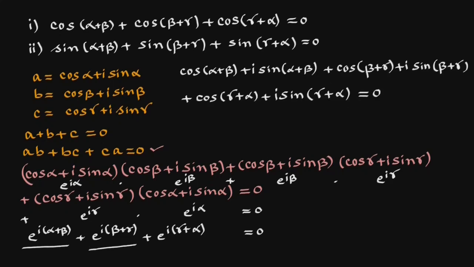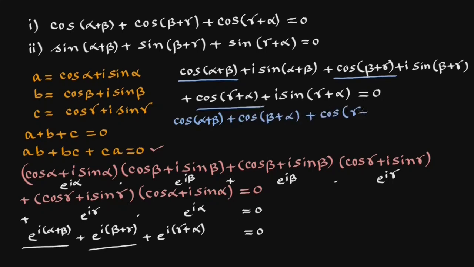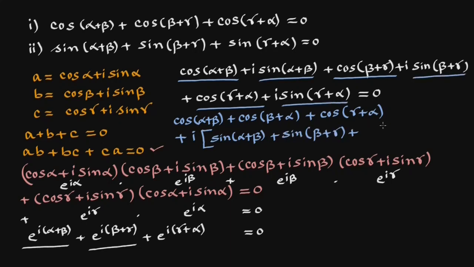Again, by rearranging the terms we can write cos(α+β) + cos(β+γ) + cos(γ+α) + i times [sin(α+β) + sin(β+γ) + sin(γ+α)] = 0 + i0.